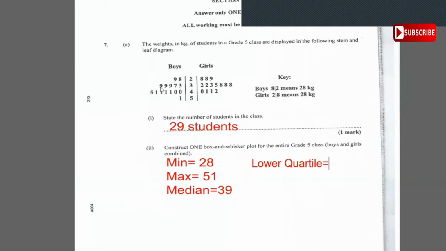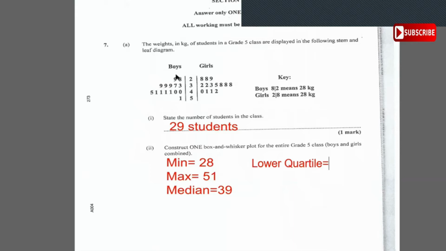Now, midway in between. For the first 14, we need to go to the 7th and a half lowest to find the lower quartile. 7.5.